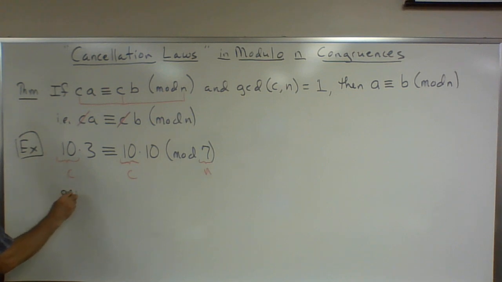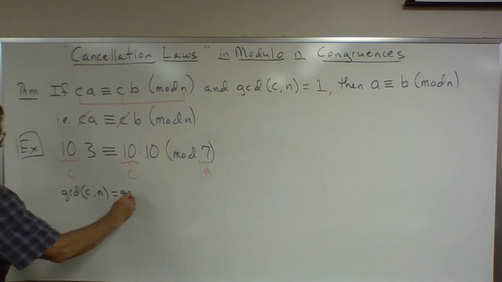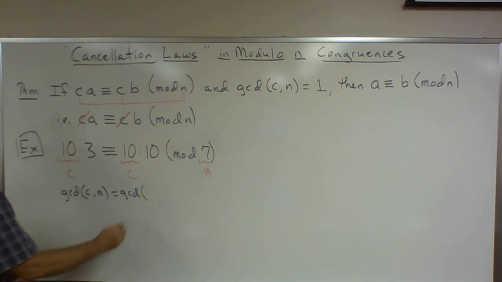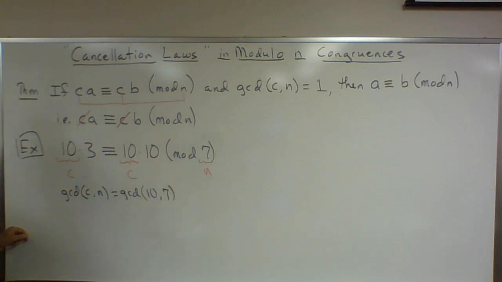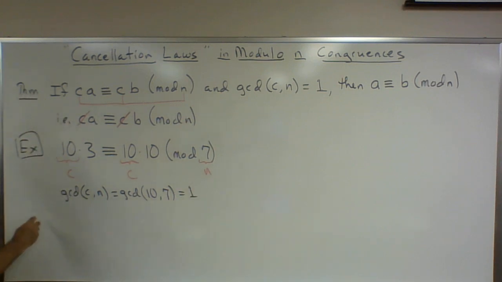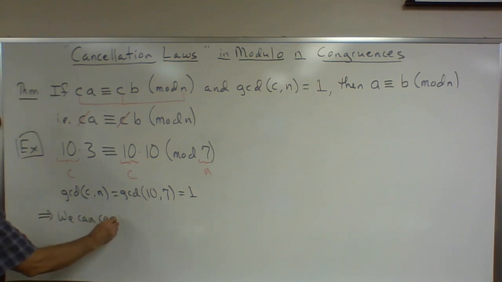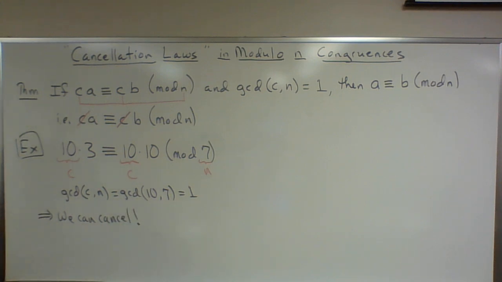The greatest common divisor of C and n is the greatest common divisor of 10 and 7. And they are most certainly relatively prime. We can cancel.